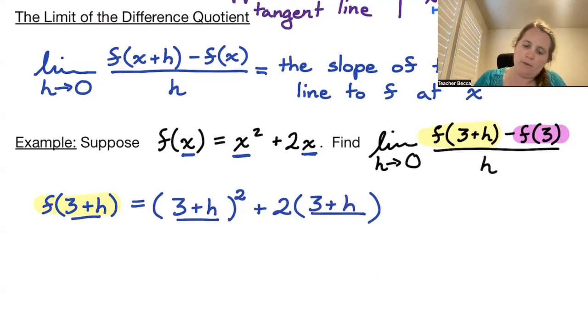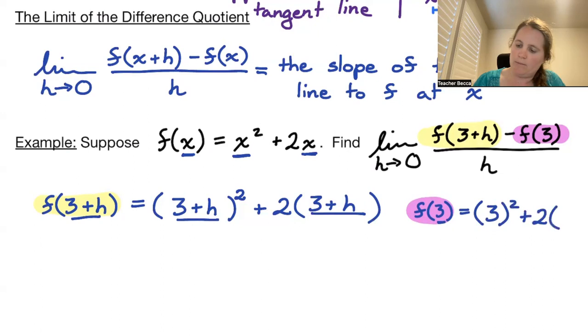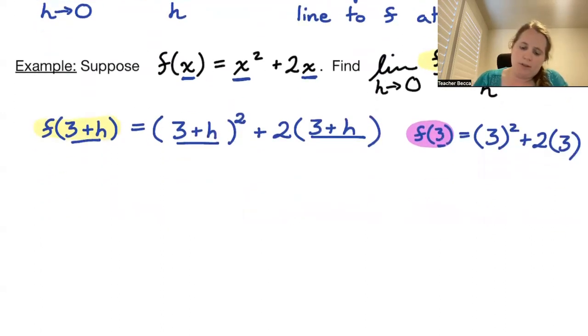For our f of 3, our input is 3. We are just looking at 3 squared plus 2 times 3. 3 plus h squared, going back to our f of 3 plus h, we are looking at 3 plus h times 3 plus h.